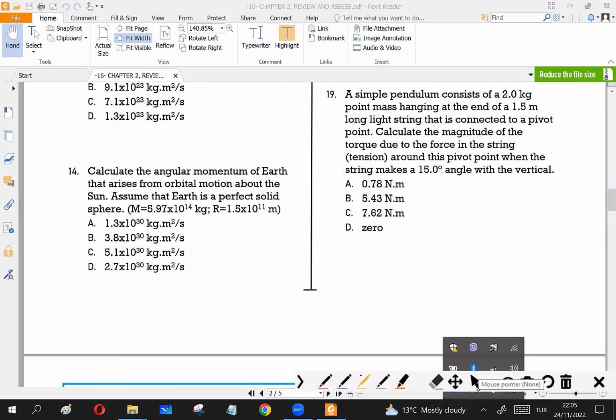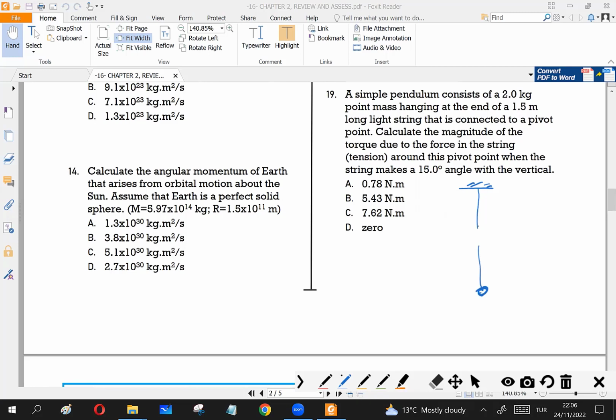Question number 19. A simple pendulum, this is the question in the book. It asks you to calculate the magnitude of the torque due to the force in the string. Remember, when I was solving this problem, I said that tension force never produces a torque. Why? Because tension force always acts along the string. For a pendulum, as the pendulum swings, let me draw a pendulum.